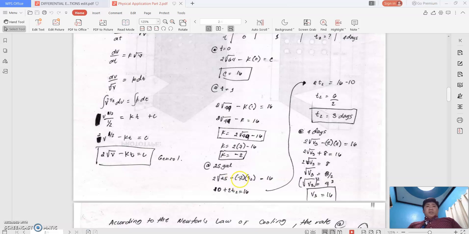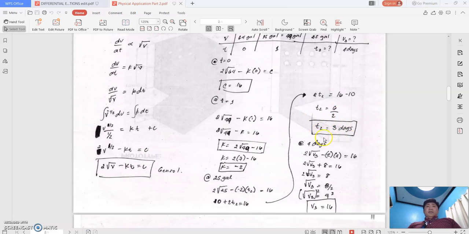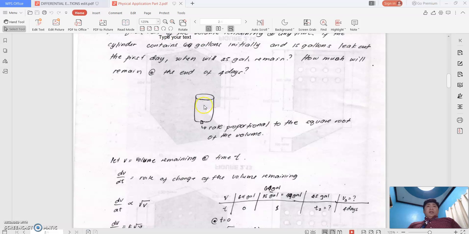We have negative times negative, we have positive: 2t equals 16. Transfer this to the other side. You have 16 minus 10, that is 6. Divided by 2, that is 3. So, within 3 days, the container will have 25 gallons of water.